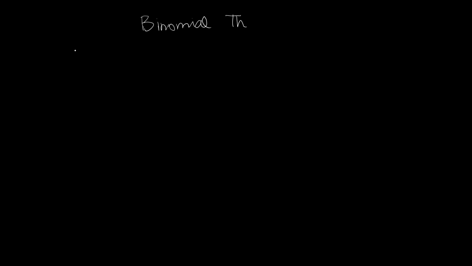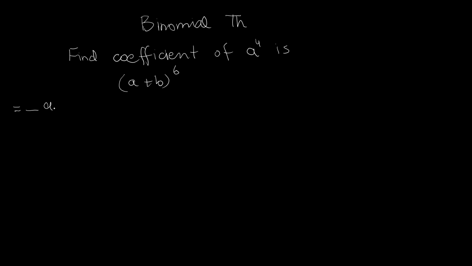Now let's say a question asks you to find the coefficient of a to the power of 4 in a plus b to the power of 6. First of all, you should know the term where a to the power of 4 will appear, because if you expand it, the first term will involve a to the 6, then the second will involve a to the 5 b.